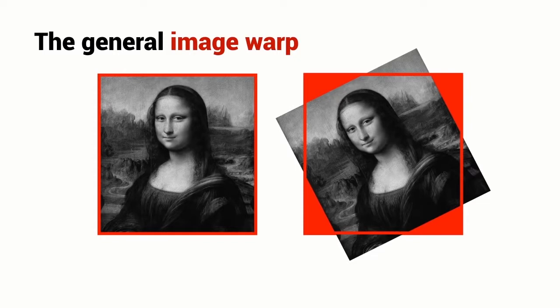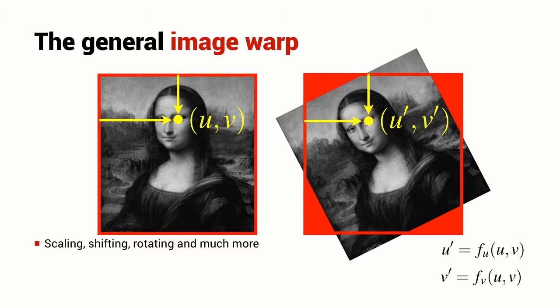So that we can combine shifting, scaling, and rotation all together into one overall transformation, the input image to the output image. In order to formalize this, we're going to define the coordinate of a pixel in the input image using the notation u and v, as we've done all through this course. And we're going to define the coordinate of the corresponding point in the output image. And I'm going to denote those by u prime and v prime.